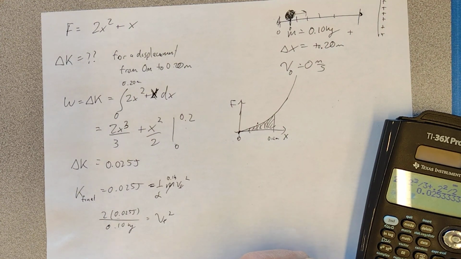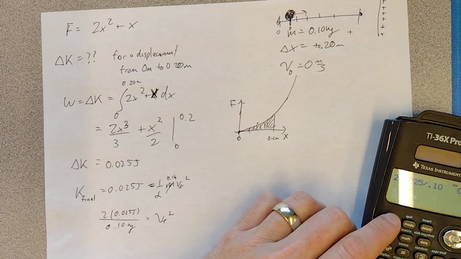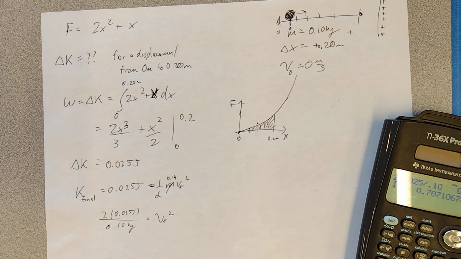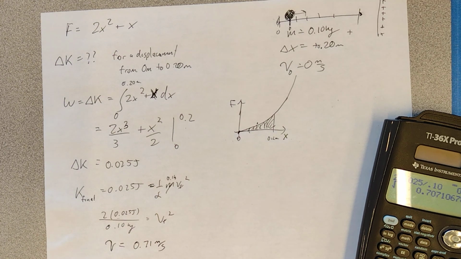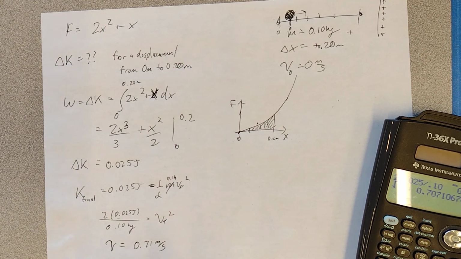So this is going to be a pretty darn slow speed, which happens when you just make up numbers. 2 times 0.025 divided by 0.10 gives me 0.5. Square root of 0.5 is 0.7, so v final was 0.71 meters per second. Pretty slow, but it's going to get exponentially faster, right?